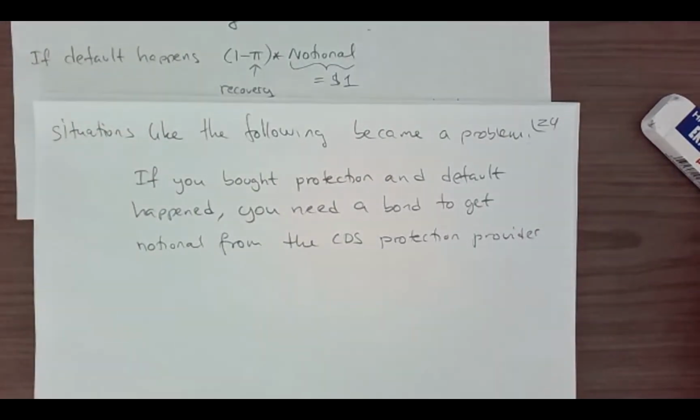Right, so if you bought insurance, such that if default happened, that guy will give you one if you give him pi, or give him the bond.